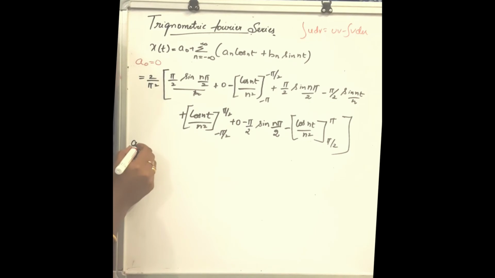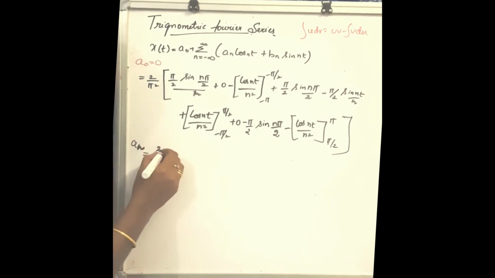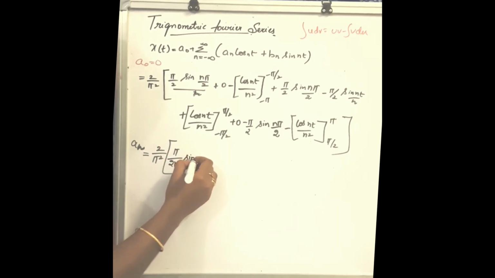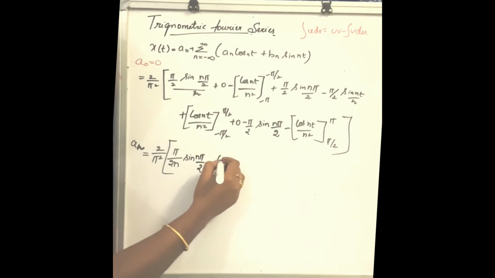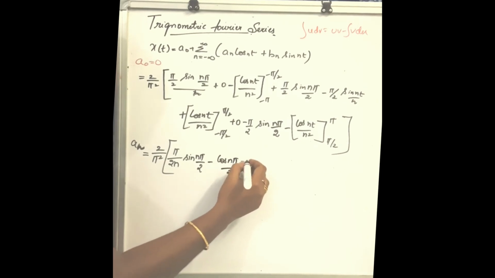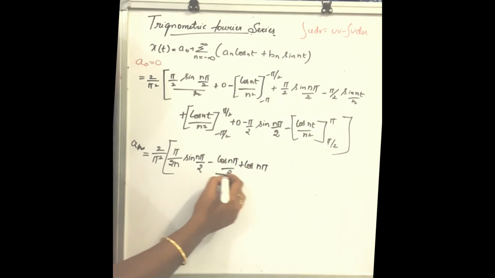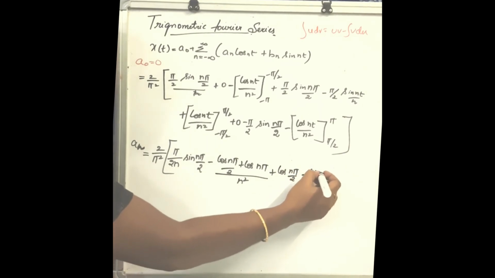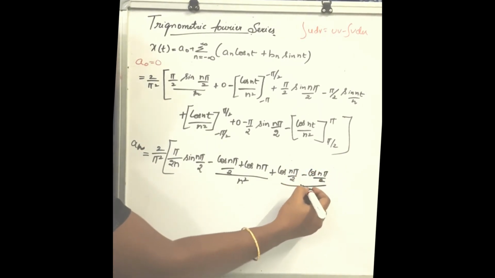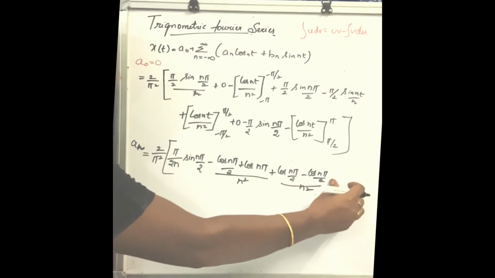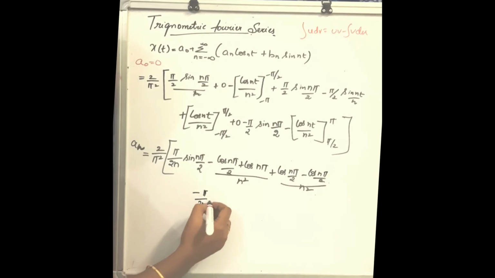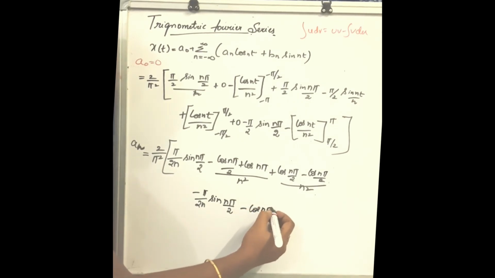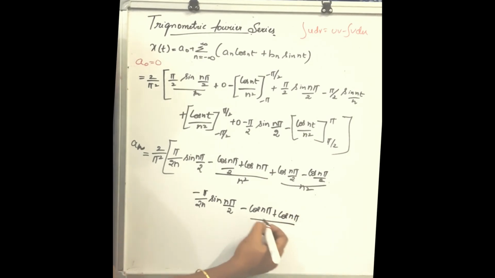We are solving for an. Please don't forget that. After solving this, you will get 2 by pi square, pi by 2n sine n pi by 2 minus cos n pi by 2 plus cos n pi over n square, plus cos n pi by 2 minus cos n pi by 2 by n square, minus pi by 2n sine n pi by 2 minus cos n pi plus cos n pi by n square.